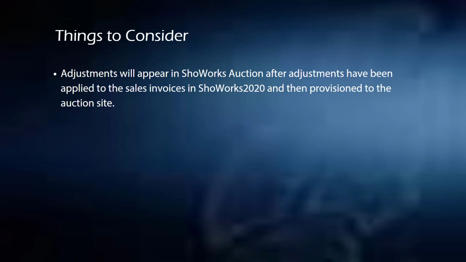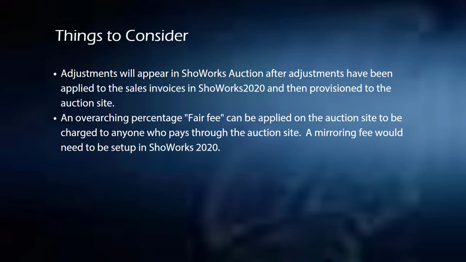Yes, we do, if you apply that to the sales invoice and have it pushed forward. Another thing to consider is we do offer an overarching percentage fair fee that can be applied on the auction site to be charged to anyone who pays through the auction site. You would need to set up a mirroring fee in ShoWorks 2020.